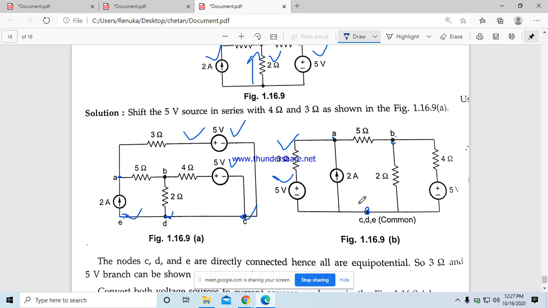One terminal is connected to this common node, so draw that. Draw this 2 amps. Next you can see one end of this 2 amp current source is connected to 5 ohm.